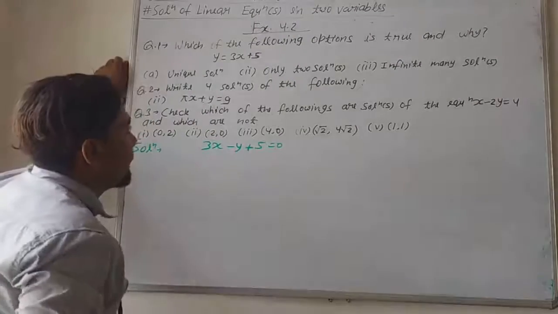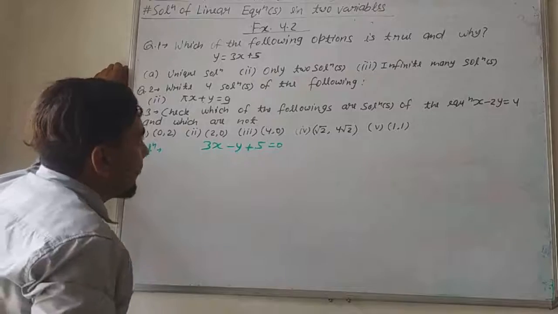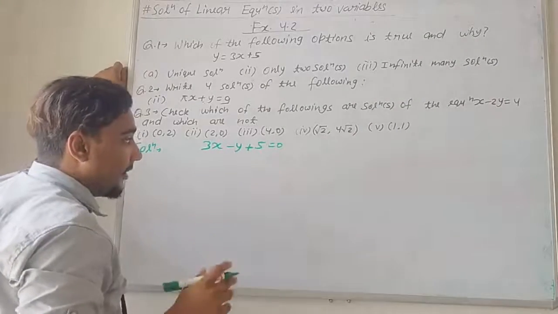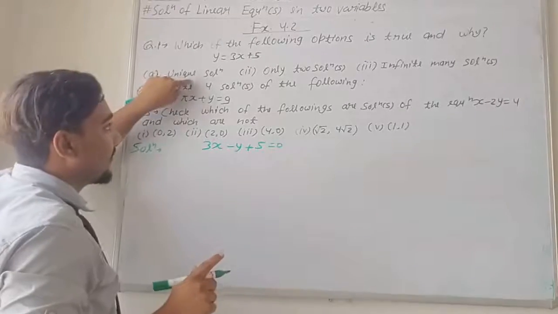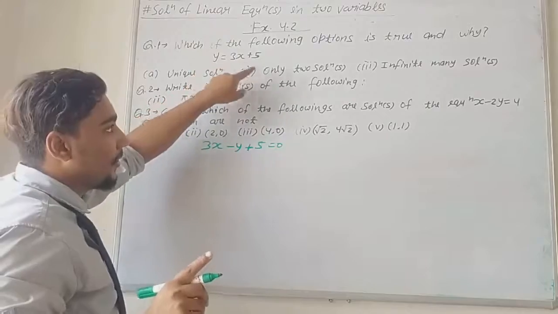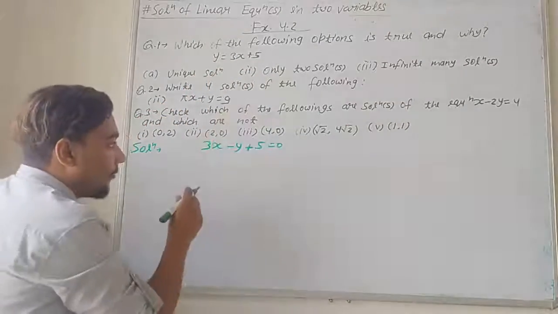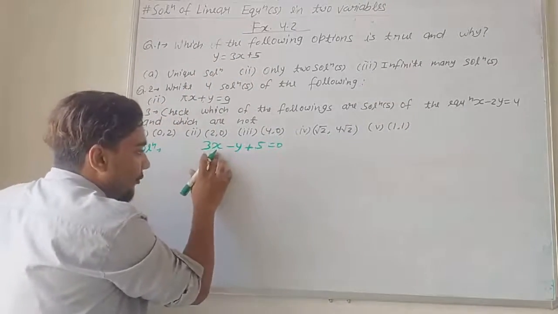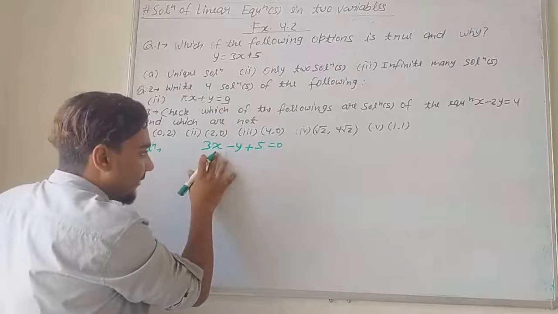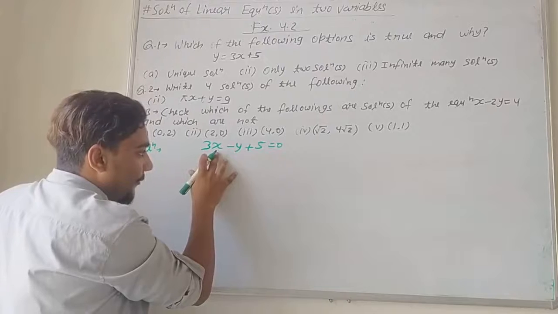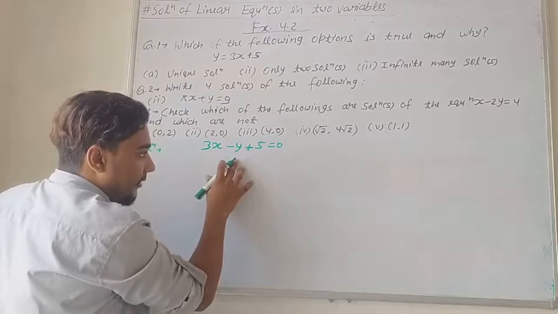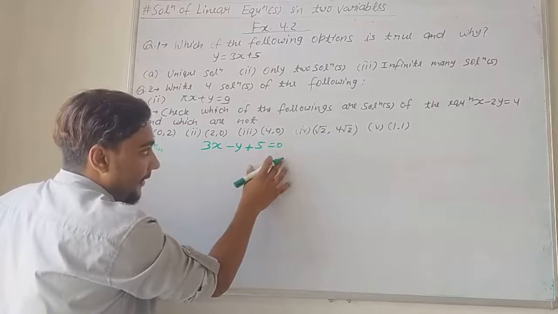Where we were at the solution. We had seen that in the concept, a linear equation in one variable had only a unique solution, but a linear equation in two variables has infinitely many solutions, not only two solutions. We can take infinite real values of x, for which we get corresponding values of y, infinite y's, and that's why it has infinitely many solutions.